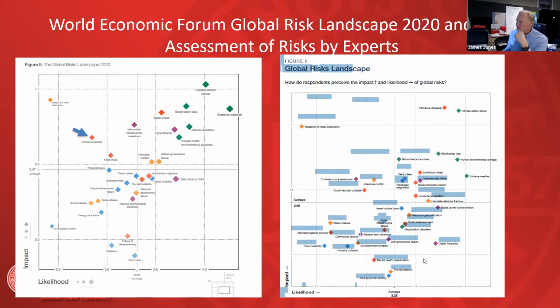Of course, we see 1 year later, it's over here. It's actually moved up in terms of severity and likelihood. So did the experts get the risk wrong? Are they currently getting the risk wrong? And did they have it right the first time? There's a few things that could be going on here.